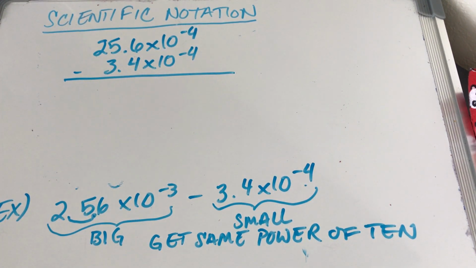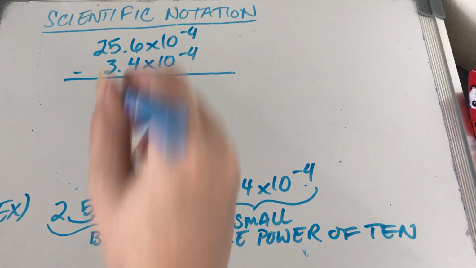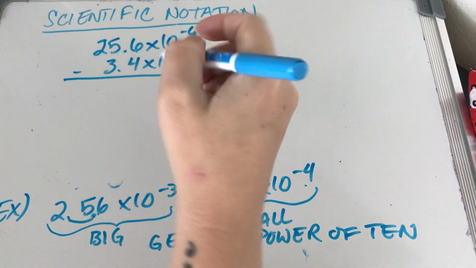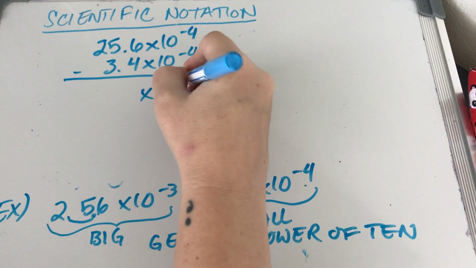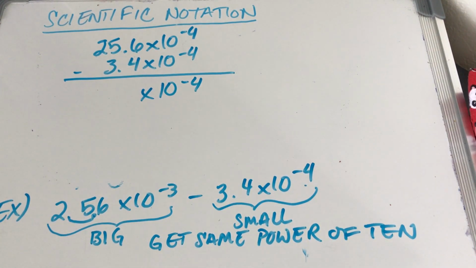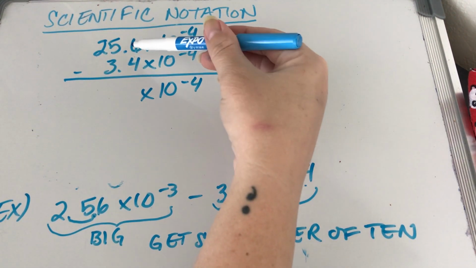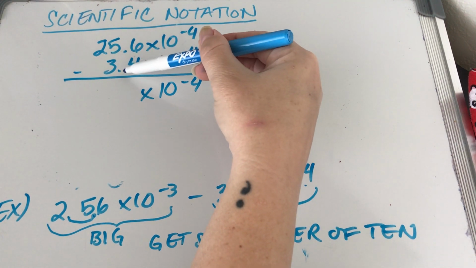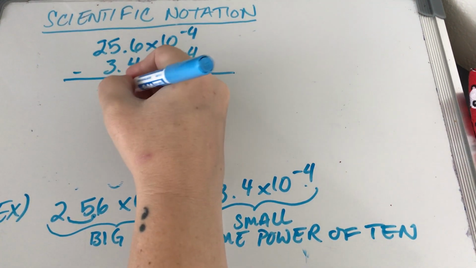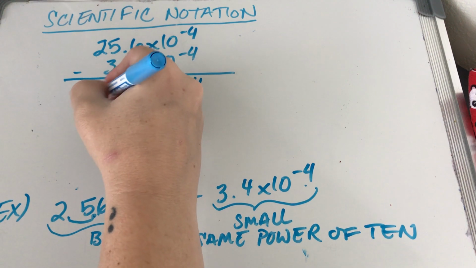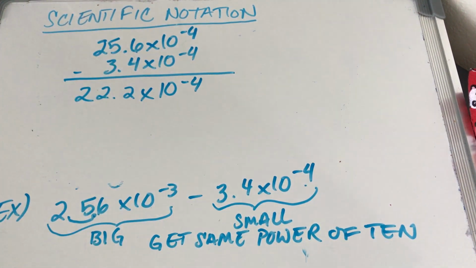Right? I don't need to do anything with the power of 10. It's just going to come down here, right? All I need to do is 25.6 minus 3.4. 22.2. Yeah?